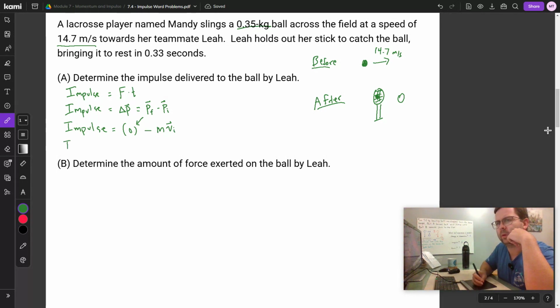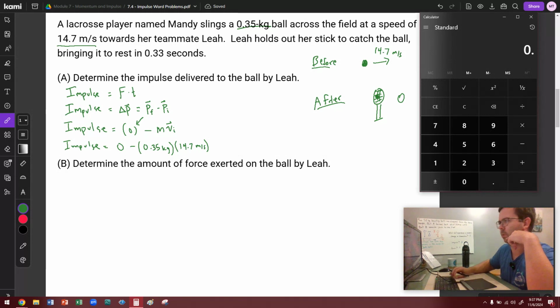Okay, so again, I'll write this all out again. 0 minus the mass, which is 0.35 kilograms, multiplied by the initial velocity, which was 14.7 meters per second. So using my calculator, I'll put in 0.35 times 14.7, and I need two significant figures.